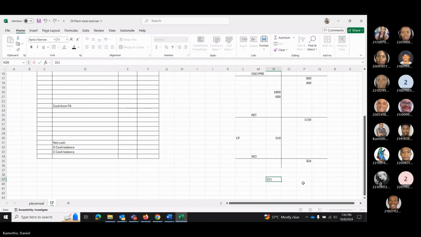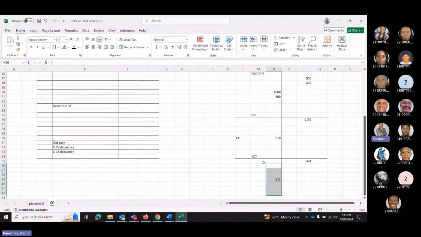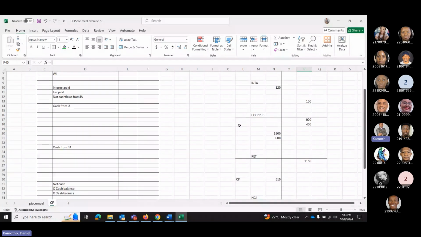So we have basically done that. Let me put it on the right. Yeah. So we have basically transferred the amount, which is step 2.